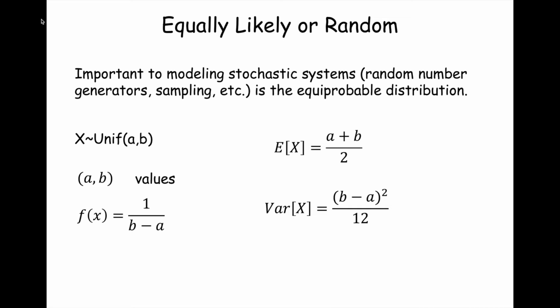So I can combine the two. When I combine the two, I have 4b squared plus 4ab plus 4a squared. That's the contribution of this term on the left. And then I have minus 3a squared minus 3 and 2, 6, ab minus 6ab minus 3b squared, and all of this is over 12.